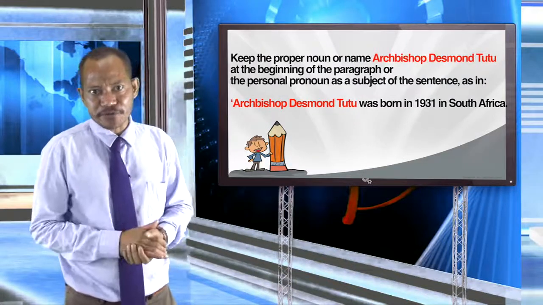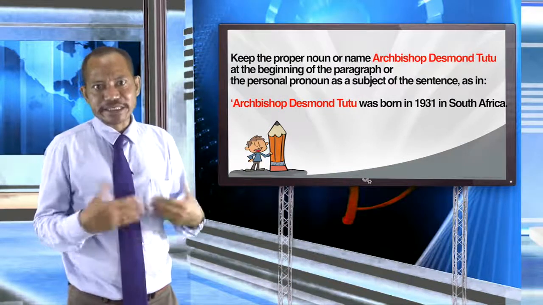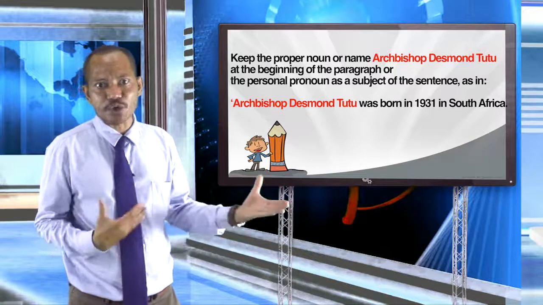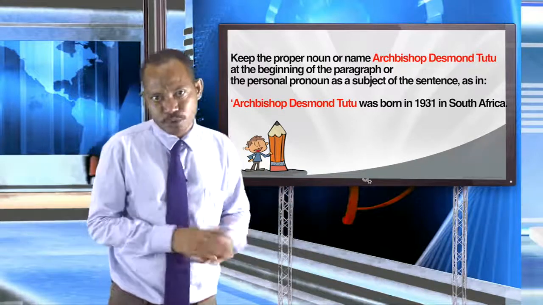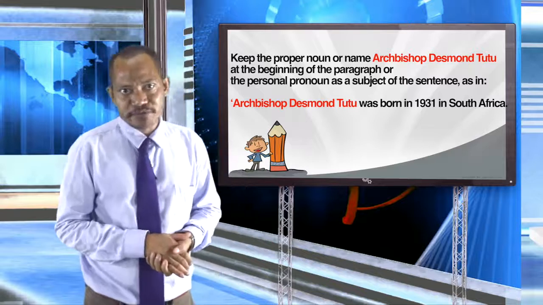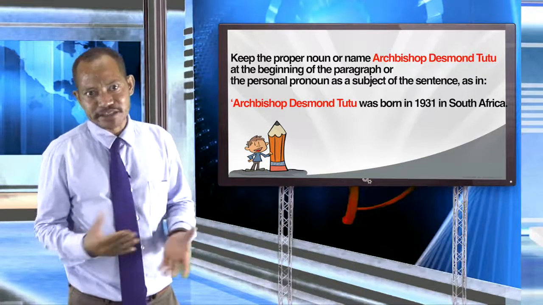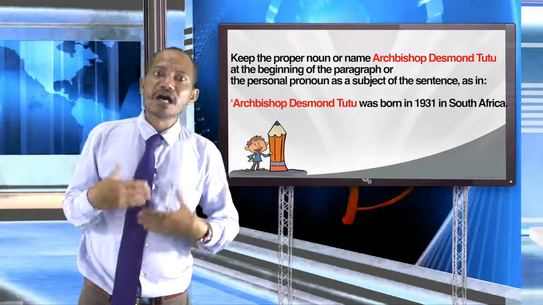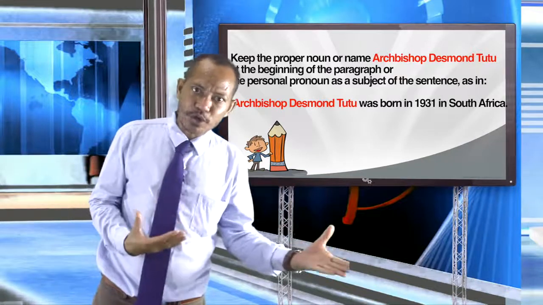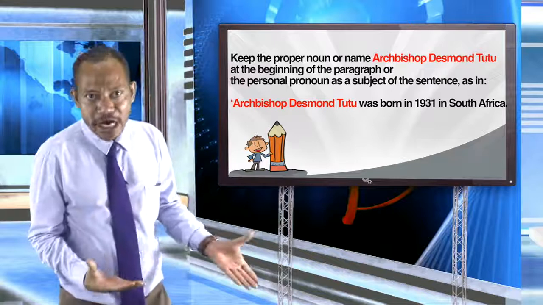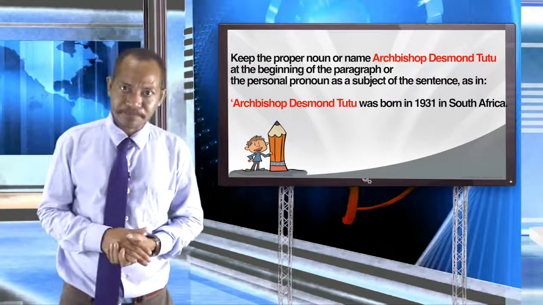So, therefore, remember, we still have to keep the proper noun or name Archbishop Desmond Tutu at the beginning of the paragraph, as the subject of the sentence. As in, Archbishop Desmond Tutu was born in 1931 in South Africa.